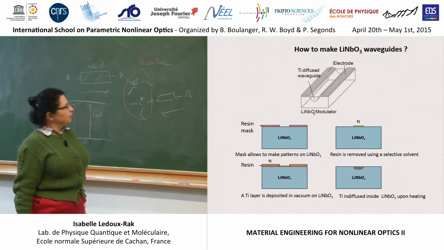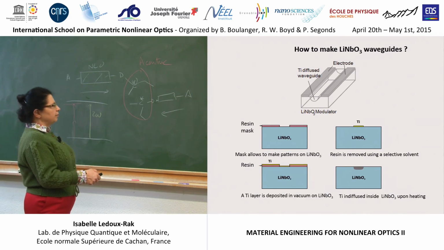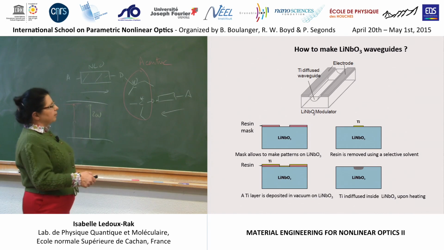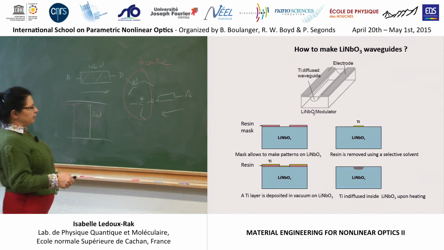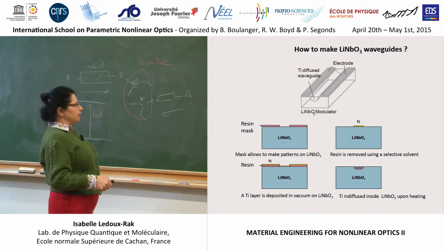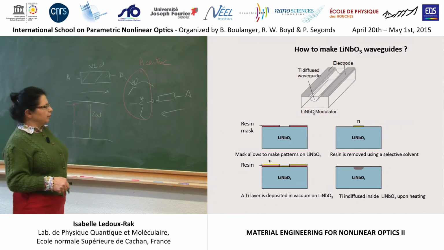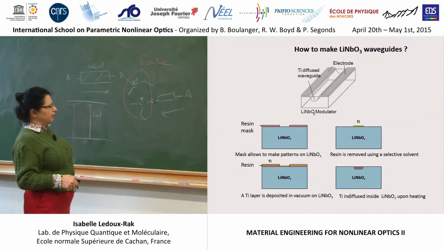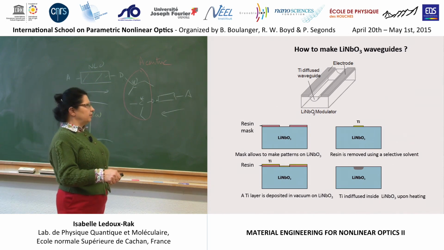So how to make these waveguides? In fact, you have to start from the bulk device and define the waveguide by putting a resin mask, which will hide part of the surface. Then deposit titanium everywhere, but we can remove some of the titanium by removing the resin using a solvent which will eliminate the resin.